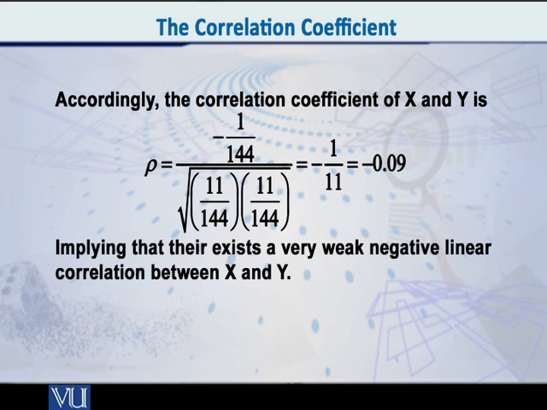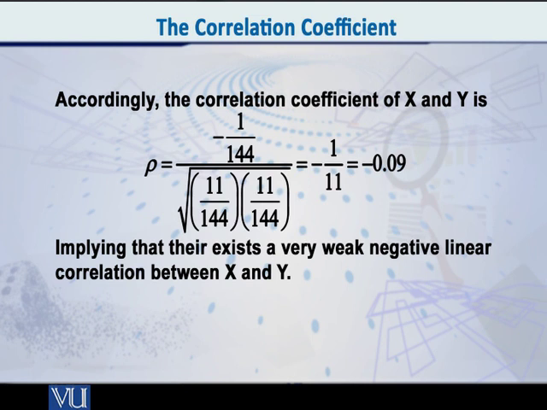Minus 1 over 144 divided by 11 by 144. So obviously 144 will cancel out and we are left with minus 1 over 11. और अगर उसको पॉइंट्स में ले आए तो what do we have? We have minus 0.09.